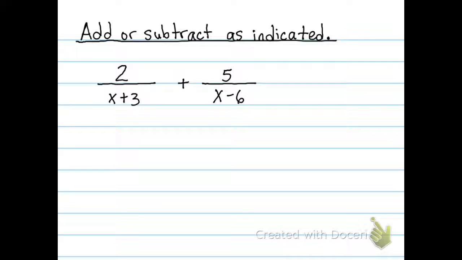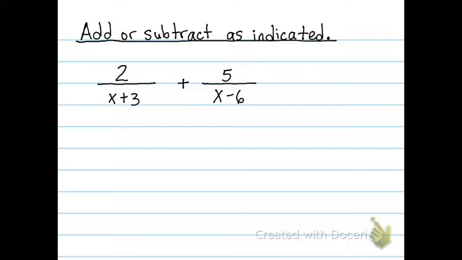Alright, in this video, we are going to look at adding and subtracting rational expressions. When we're adding fractions or rational expressions, the only way we can do that is if the denominators are the same.